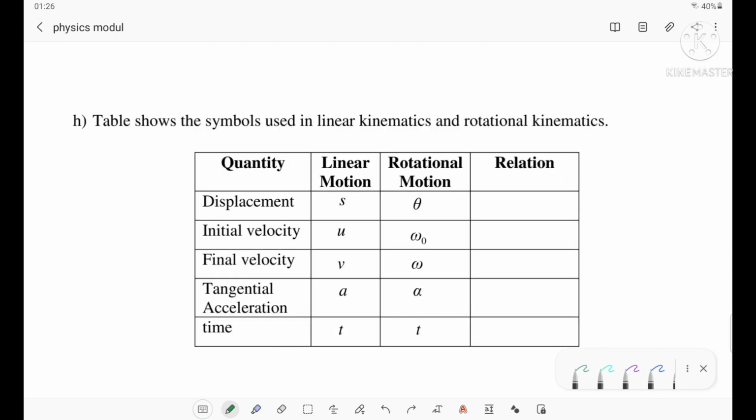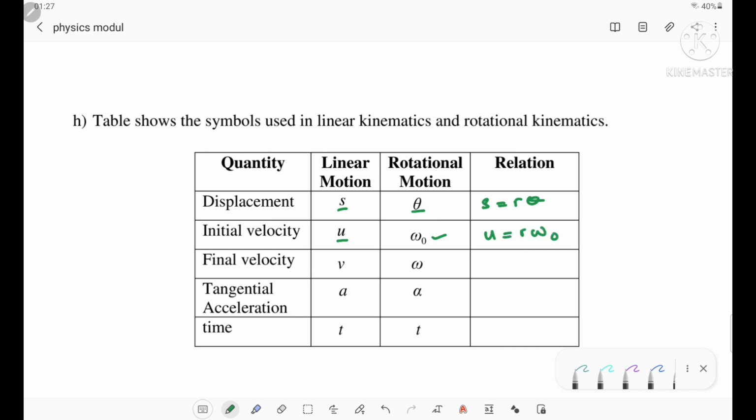The table shows the symbols used in linear kinematics and rotational kinematics. For the displacement, the symbol for the linear is S and the rotational is theta, so the relation between the linear and the rotational is S is equal to r theta. For the initial velocity, we have u for the linear motion and omega naught for the rotational motion, and the relation is u is equal to r omega naught.